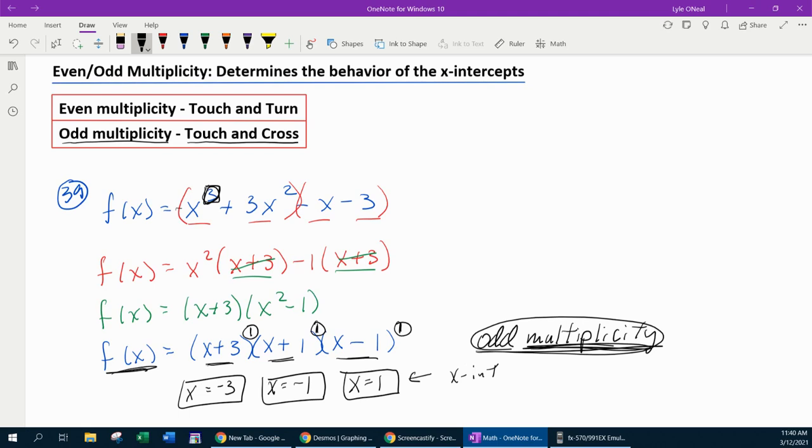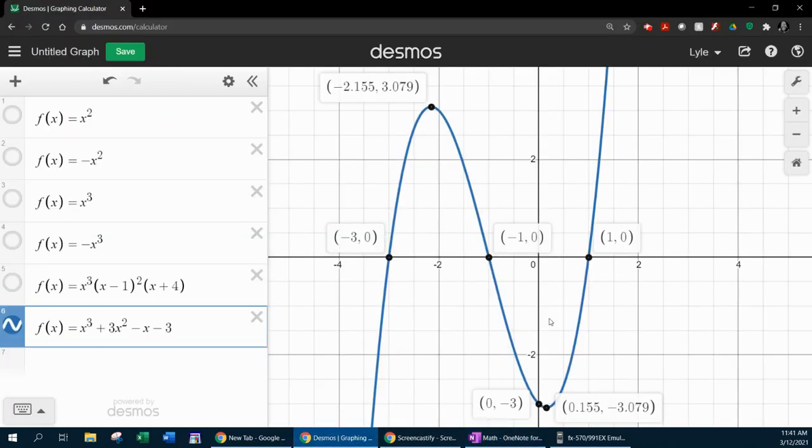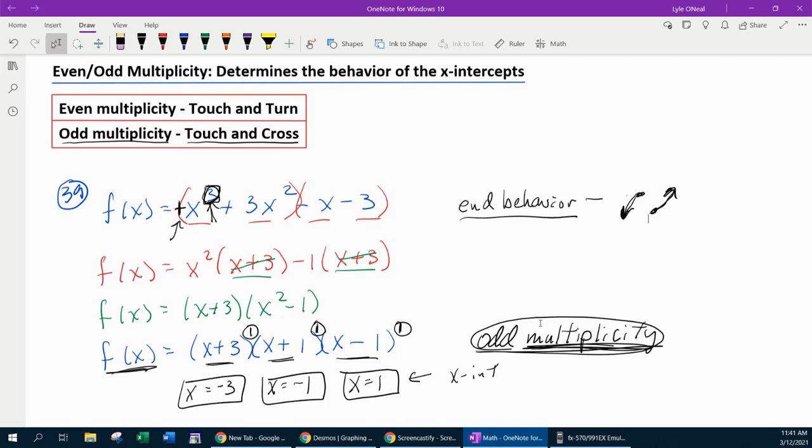And the degree and the leading term, remember, if they're negative or positive, those two characteristics can determine the end behavior. So again, an odd degree with a positive lead coefficient, odd positive, that's going to rise right, fall left. And so there's your notation you can use for that. Rises right, falls left, which we can verify from our graph here. Rises right, falls left.